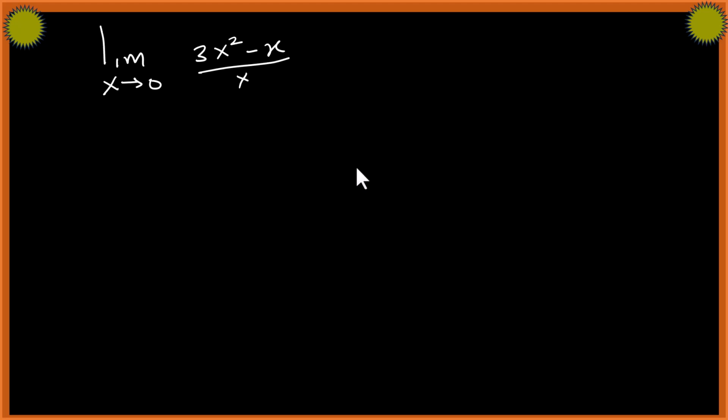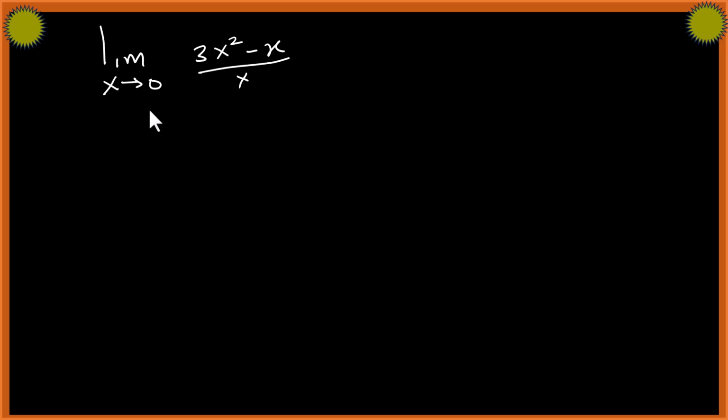All right, let's evaluate this limit. We have the limit of 3x squared minus x over x as x approaches 0.